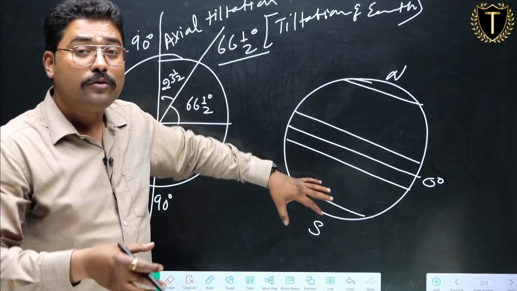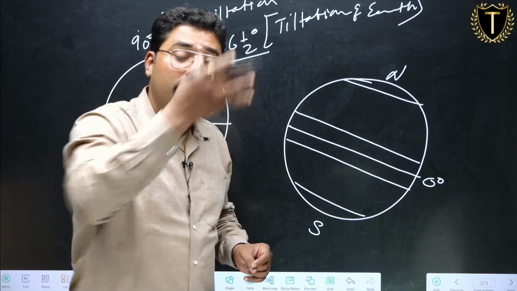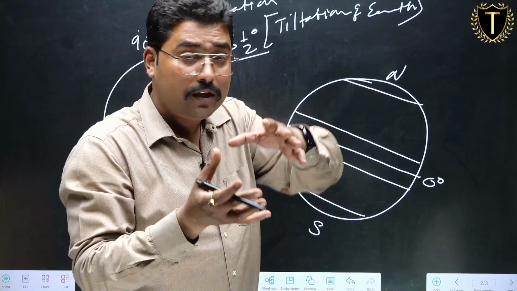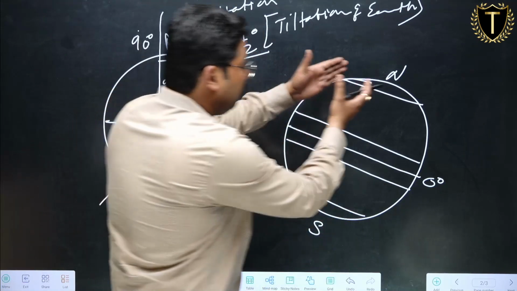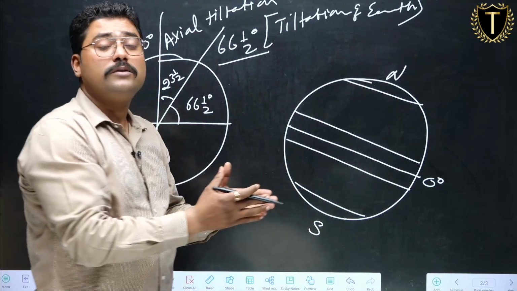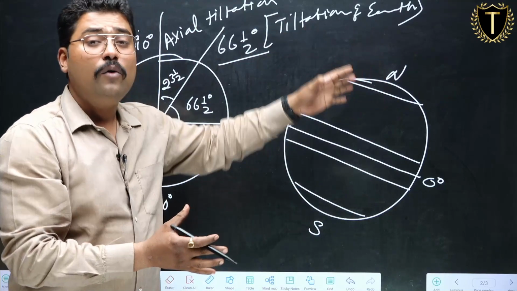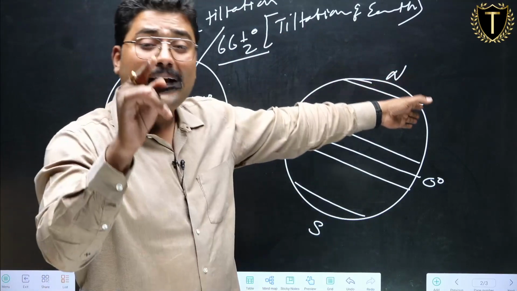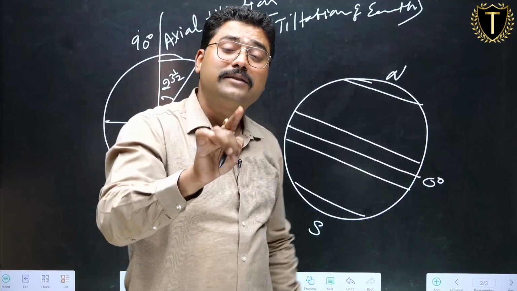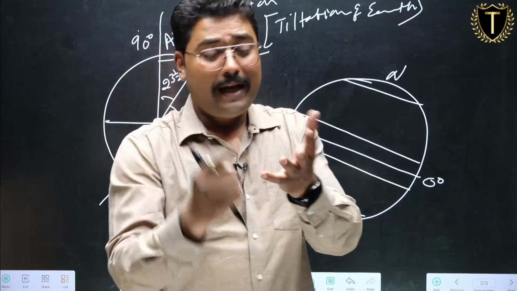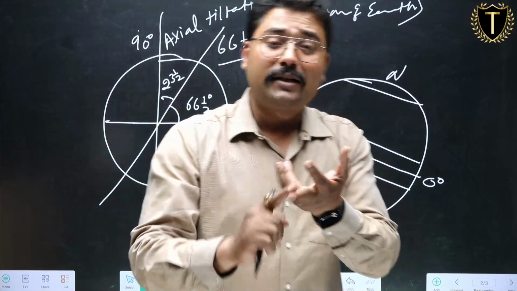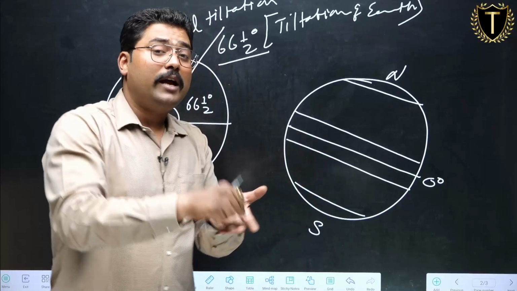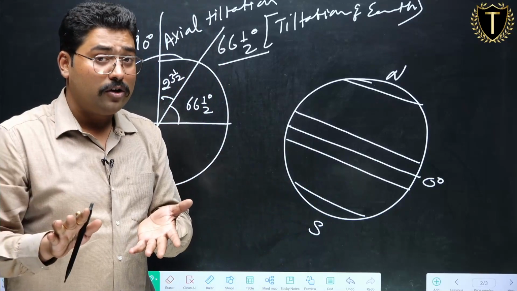Because we know the Earth's surface also has a curvature, only the part which is near to the Sun or facing the Sun will have the longest day. That's why in summer season the days are longer and nights are shorter. In winter season the nights are longer and days are shorter.